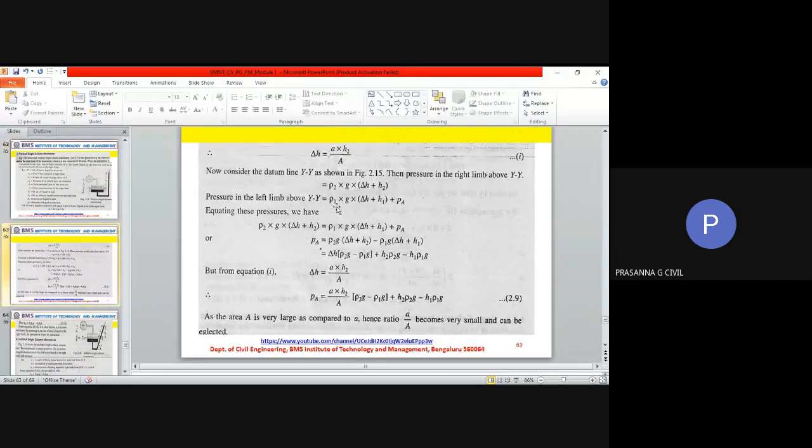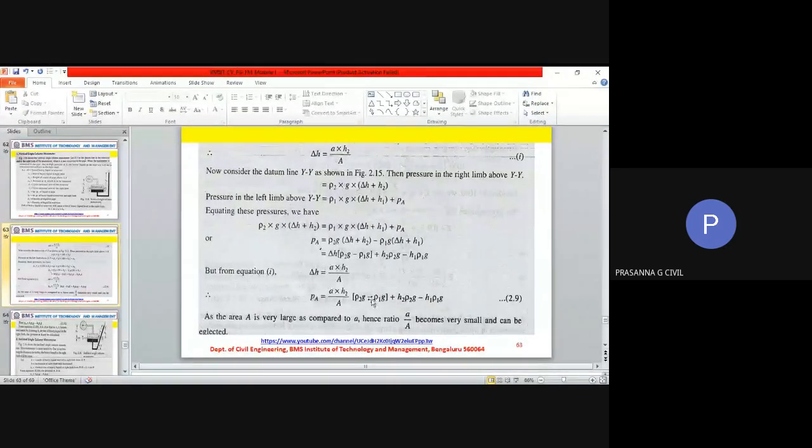So here you get rho 1, because it is your fluid, G delta H plus H1, plus the pressure inside the pipeline, and then you are equating the two. Okay, so everywhere you just need to remember the original figure, and then you will be able to write the equation for balancing the liquid column on the left hand side and the right hand side.